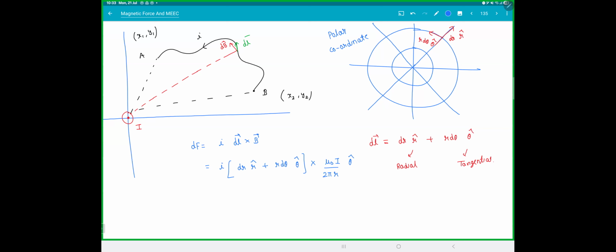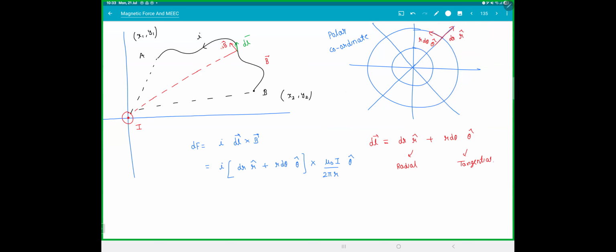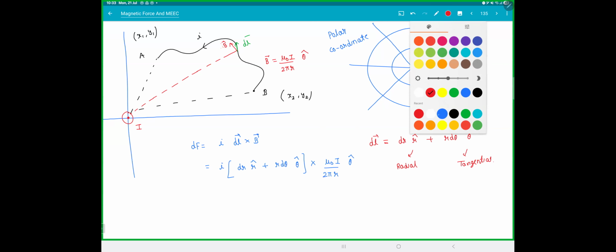The magnetic field is also tangential. The magnetic field is always circular, right? So B bar is always tangential. Mu naught I by 2 pi r, theta cap, tangential direction.